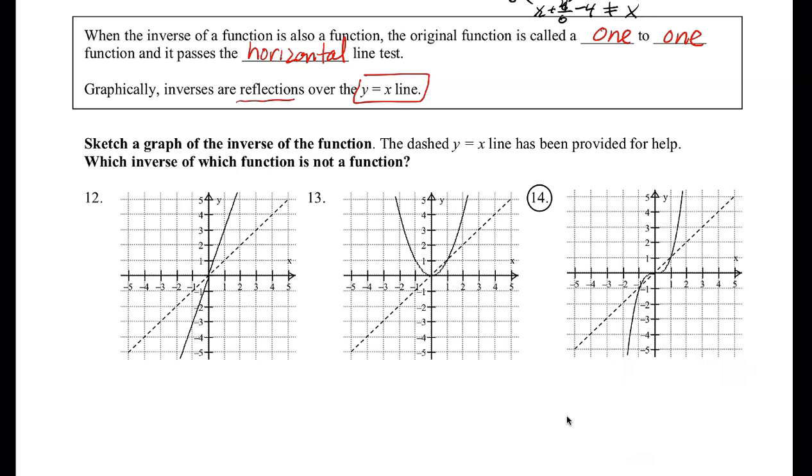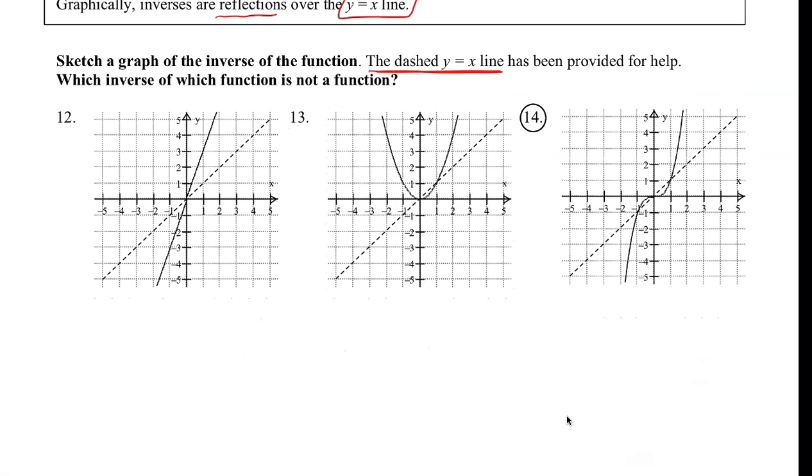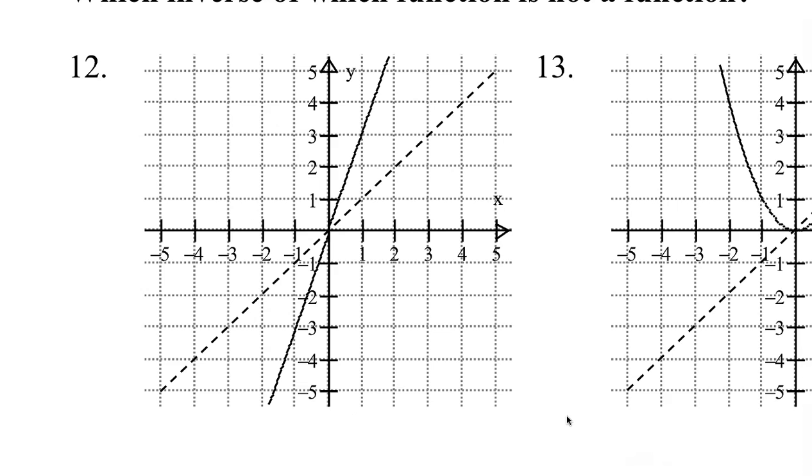And I've given the y equals x line as a dashed line in each graph below. And I'd like you to sketch the graph of the inverse of the bold line shown, and then say which inverse is not a function. So let's start with number 12.